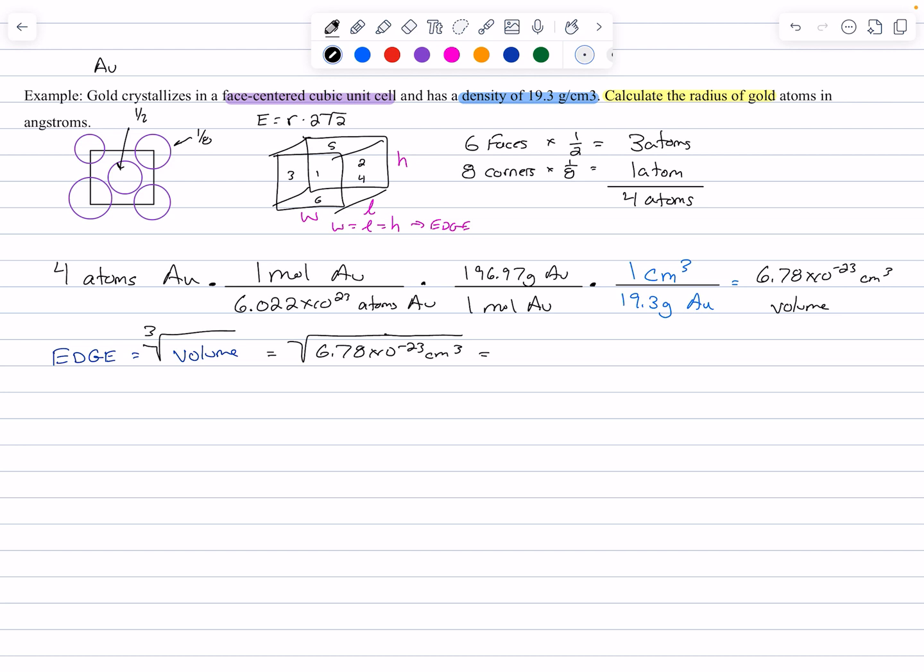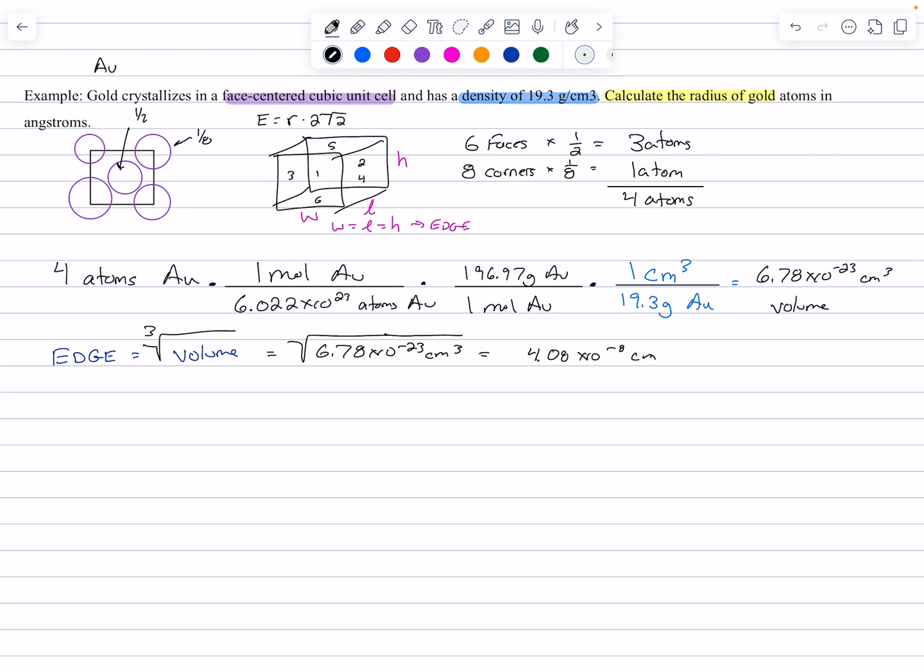And if I go in the calculator and do that, I think we get 4.08 times 10 to the negative 8 centimeters.